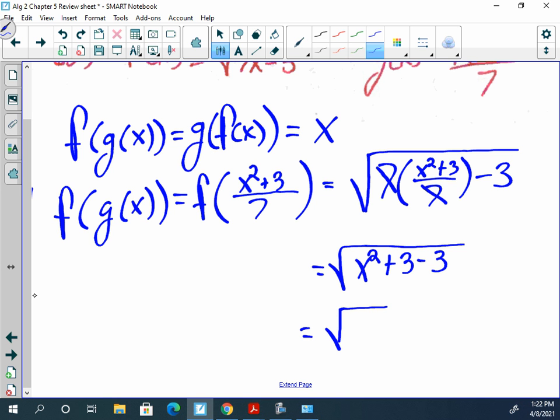Well, 3 minus 3 is 0. That just leaves us with x squared. And the square root of x squared is x. So this here, we're able to show that f of g of x is equal to x. Any questions on this here?